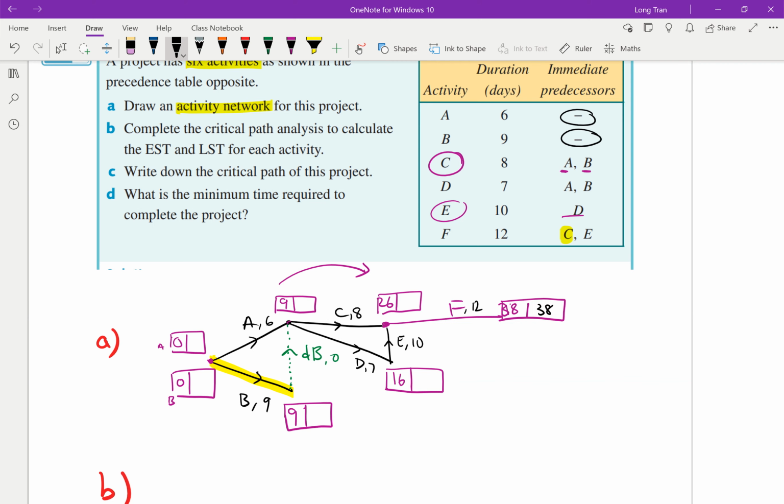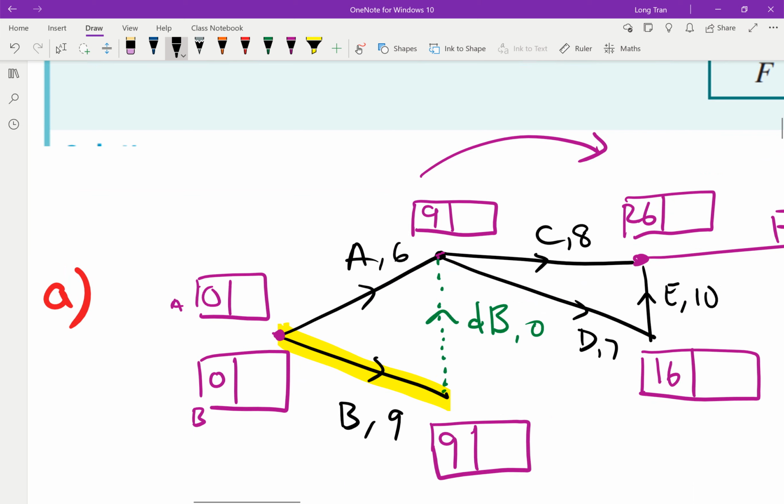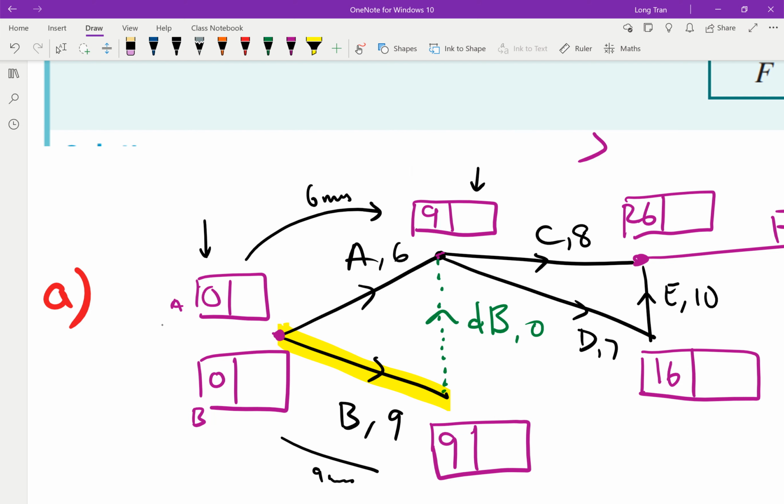And just to illustrate my point again, if I ask you what is the latest starting time for C, knowing that you can do A in 6 minutes, and you can do B in 9 minutes. Now, activity A doesn't have to start exactly at 0. How many minutes can it start until in order to finish exactly at 9, or to start at 9?